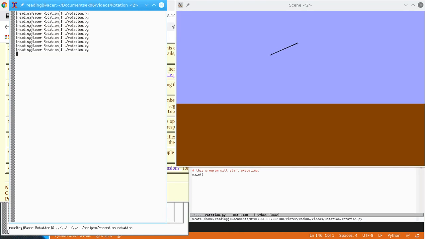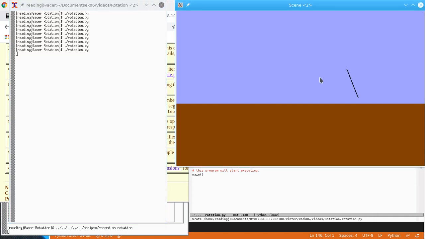I made it move slowly enough, it's not very obvious, but you can see it's further to the right than where it used to be, and eventually it'll hit the ground or the right hand side of the window. Not sure which it's going to get to first.